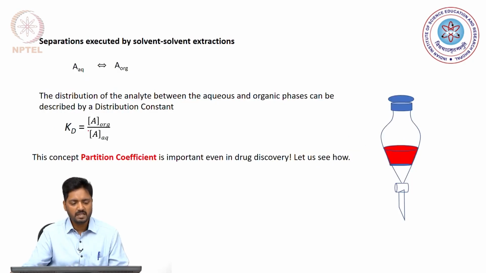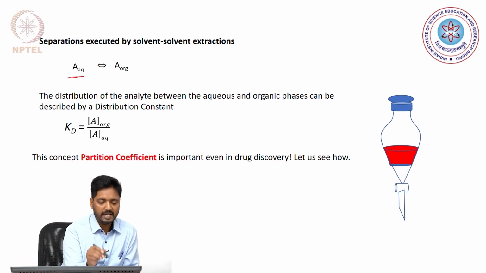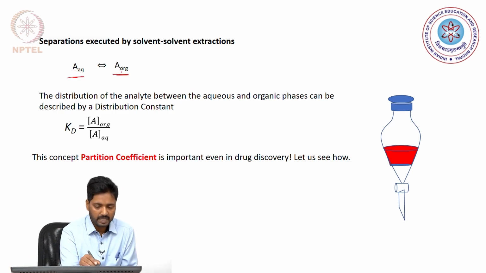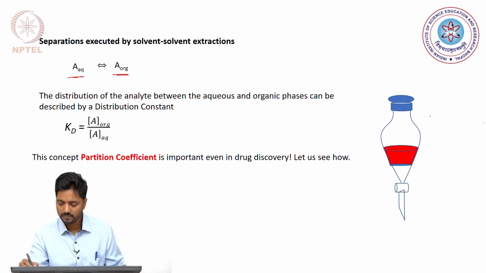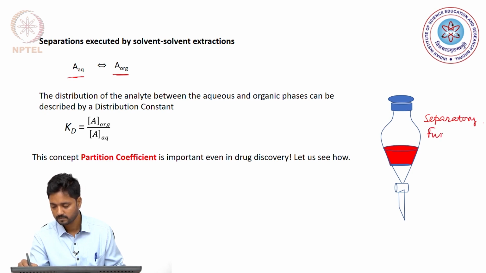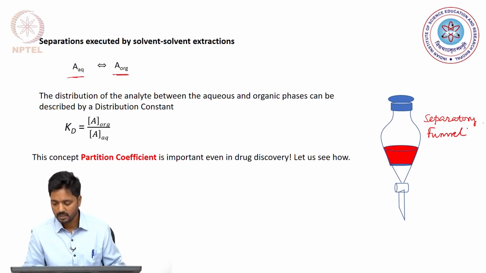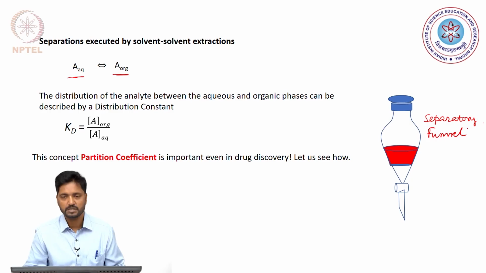So, basically, separations executed by solvent-solvent extractions rely on an equilibrium that happens when the analyte A moves from an aqueous layer to an organic layer, and we use this separatory funnel to execute the solvent-solvent extractions.